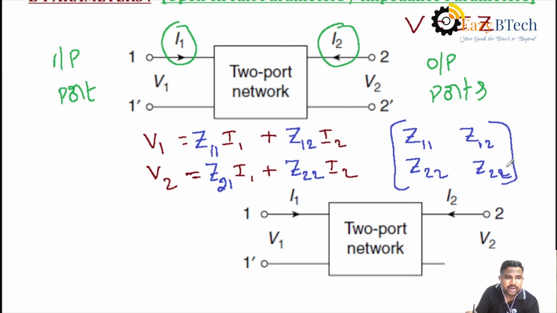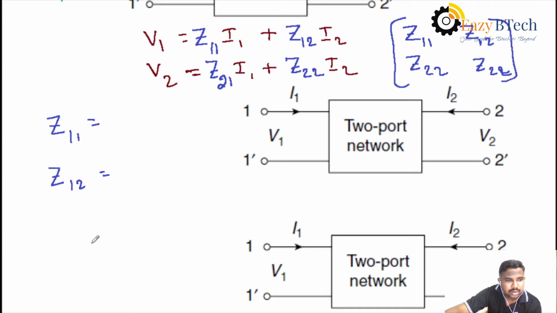Then how to find out the Z parameters? From the first equation you have to find out Z11, similarly Z21, that is not Z1, that is Z21. Similarly, from the second consideration, you have to find out Z12 and Z22.